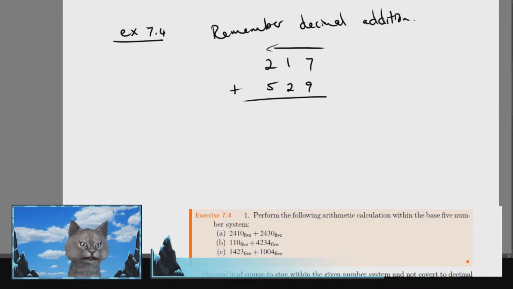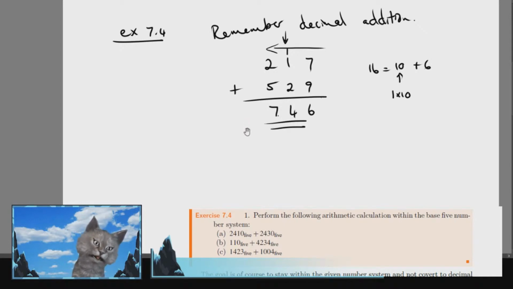When we said 7 plus 9 is 16, keep the 6, carry the 1, and then count in the tens column, because 16 is one group of 10 plus 6. So 1 goes over to the tens column. 1 plus 1 plus 2 is 4, nothing's carried over, and 2 plus 5 is 7, and we're done.